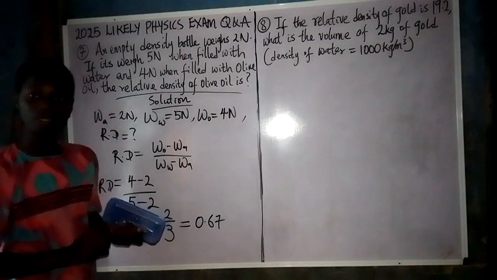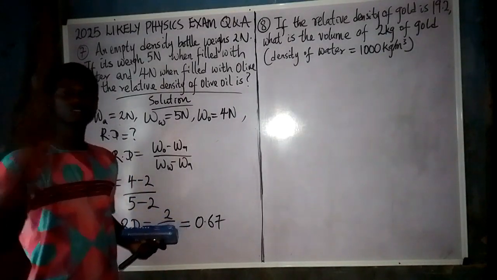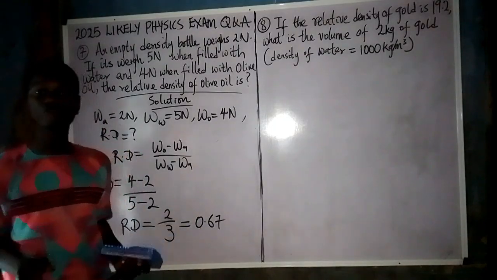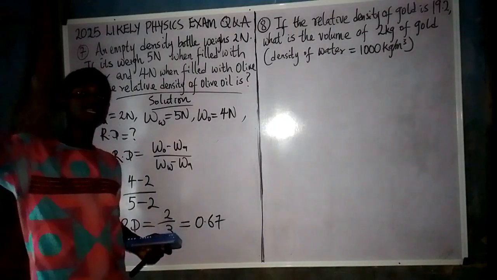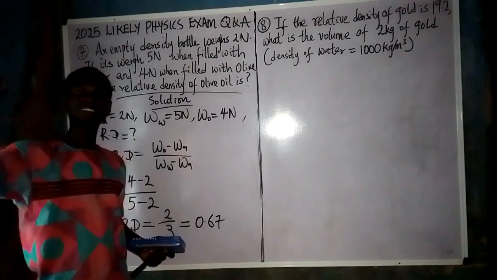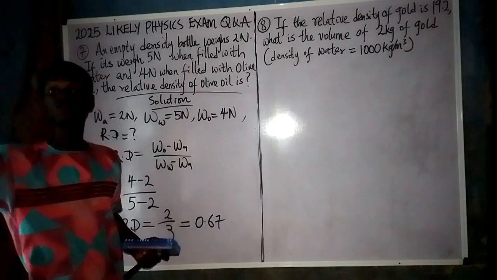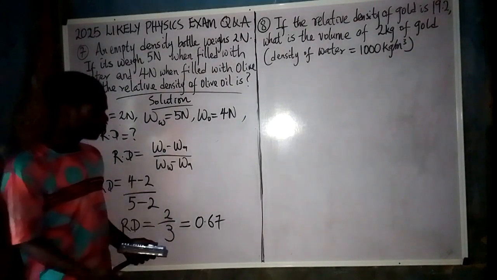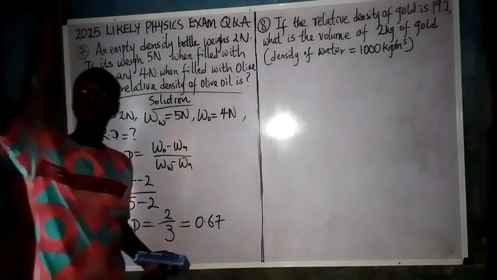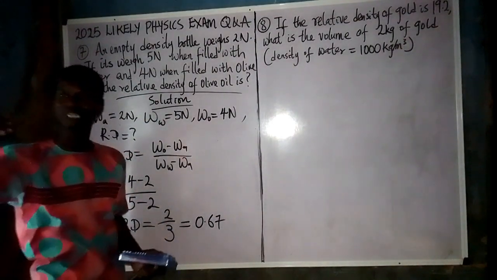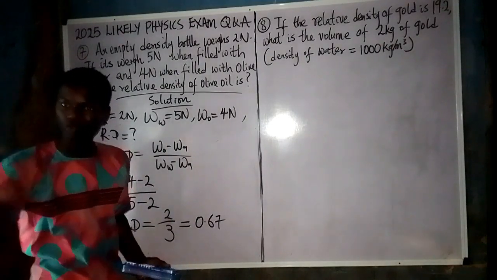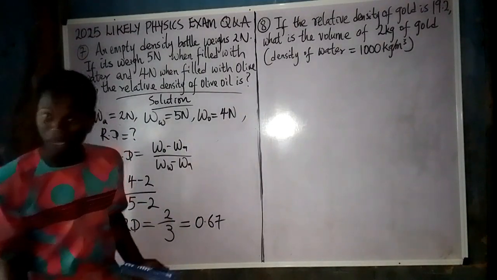Now you may want to ask me, what is the unit for relative density? I will tell you that the relative density does not have a unit, because the first and primary formula for relative density is density of substance over density of water, in most cases. The unit for density is kilogram per meter cube, over kilogram per meter cube, they will cancel out, is it not?